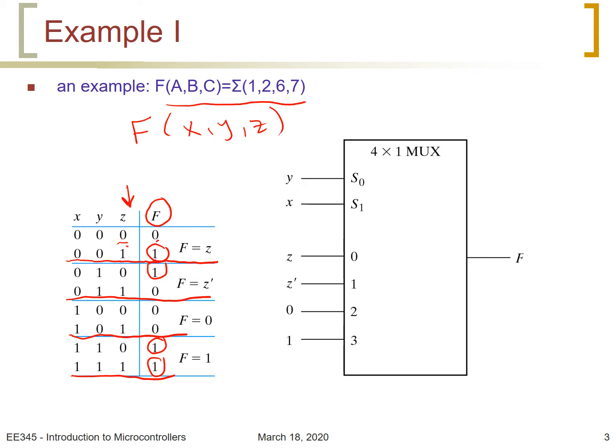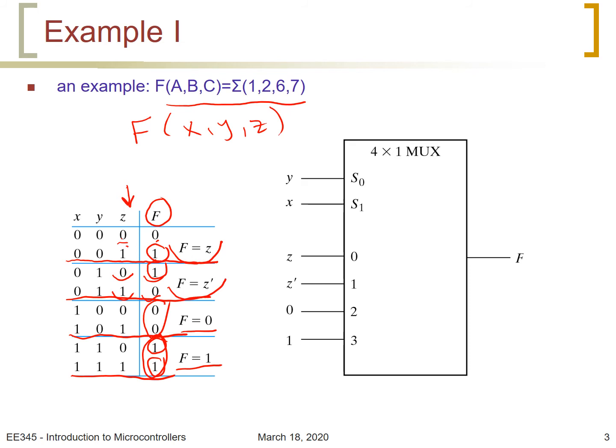So we can say that f is equal to z. And for the second pair, if z is 0, f is 1, and if z is 1, f is 0. So we can say that f is equal to z prime. For the third pair, f is always 0. So we write f equal to 0. And for the fourth pair, f is always 1. So we write f is equal to 1.